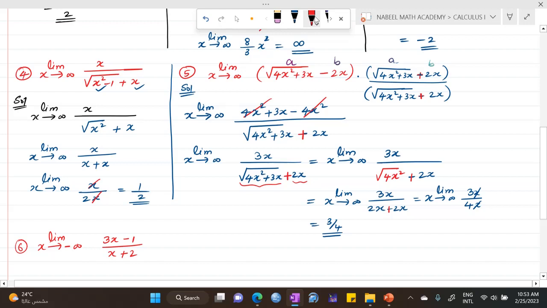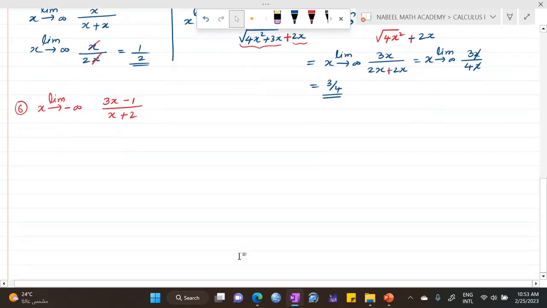So here there is a minus. How will you solve this type of problem? Whenever you have a minus, just convert the variable in terms of t.